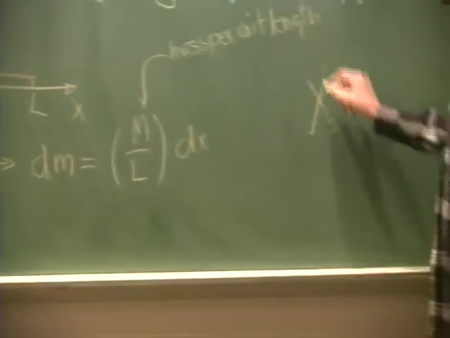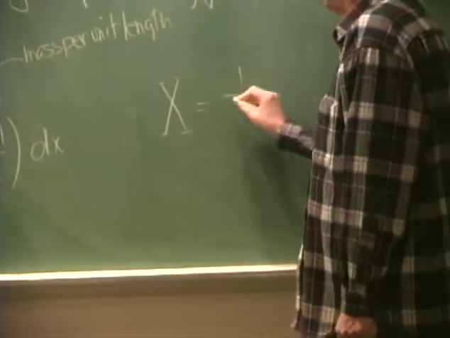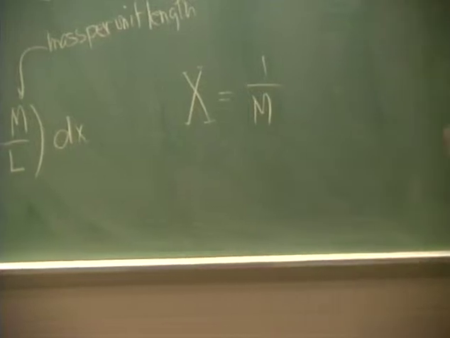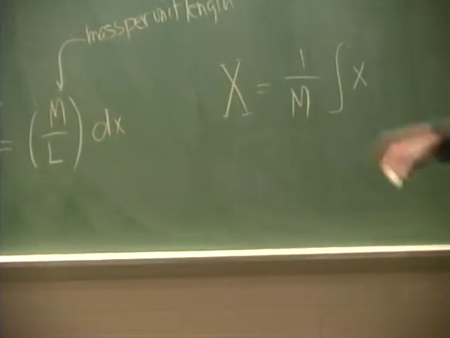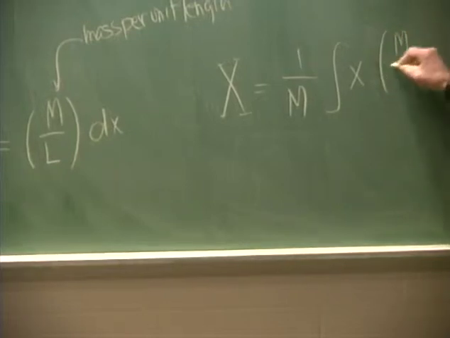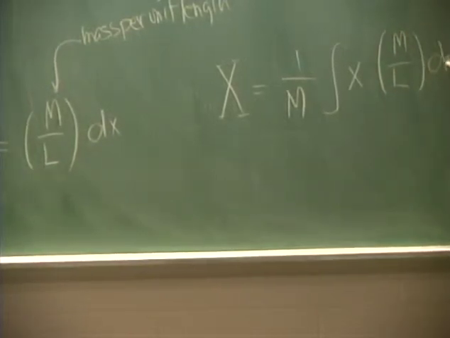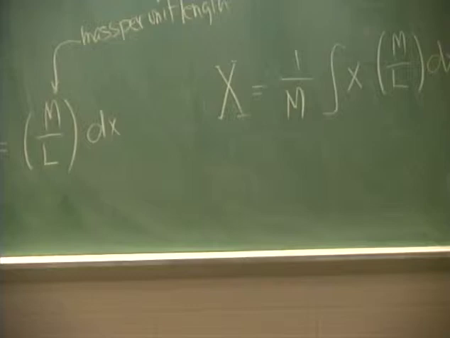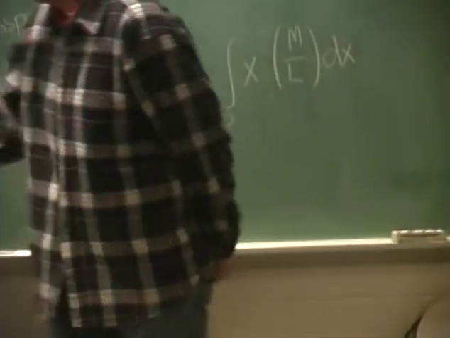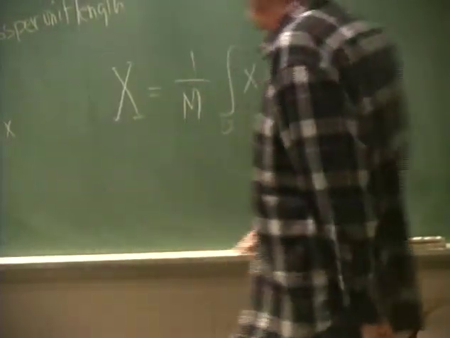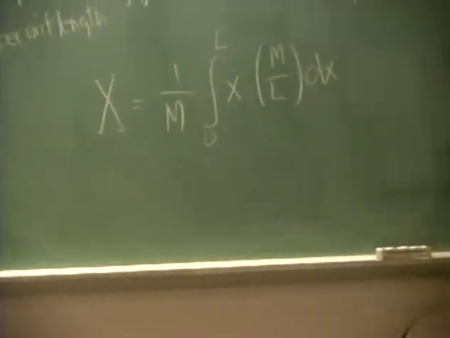This says that x should be equal to 1 over the total mass, capital M, times the integral of x times dm, which is M over capital L, times dx. And what limits should I integrate that between? 0 at the left-hand end, capital L at the right-hand end, huh?